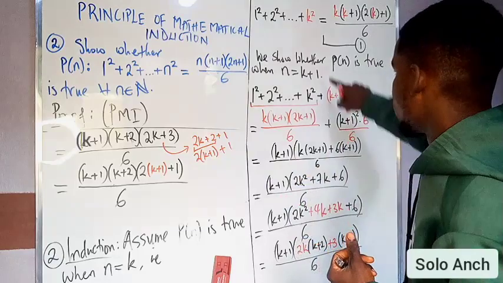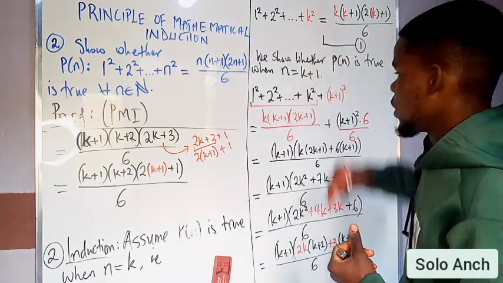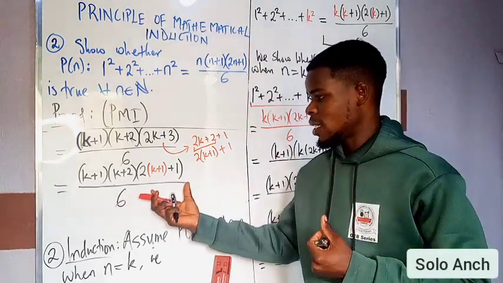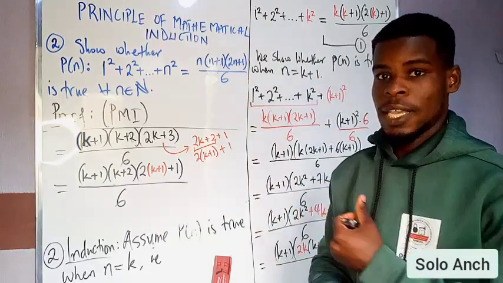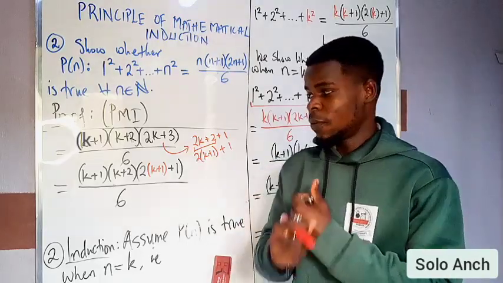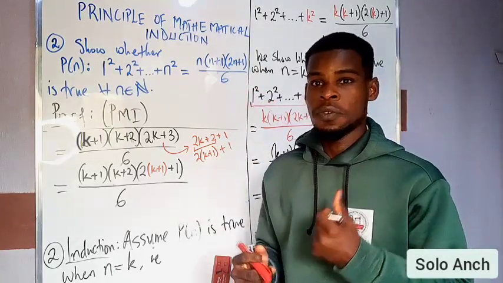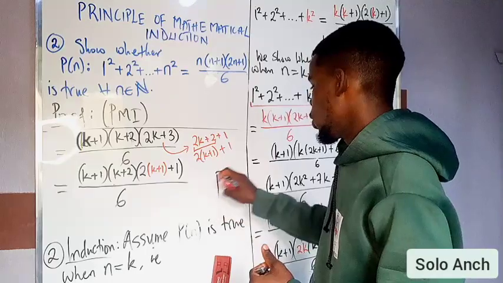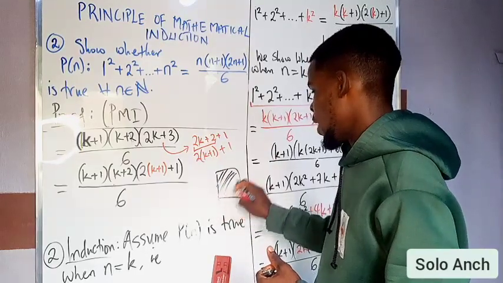So we used the assumption here by replacing this thing with equation 1, and then we've shown that this statement is true for k plus 1, that is when n is k plus 1. In that case, by principle of mathematical induction, we've shown that the statement is true for all n. So we can say end of proof by doing this.